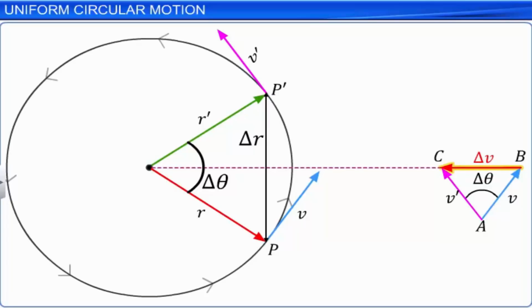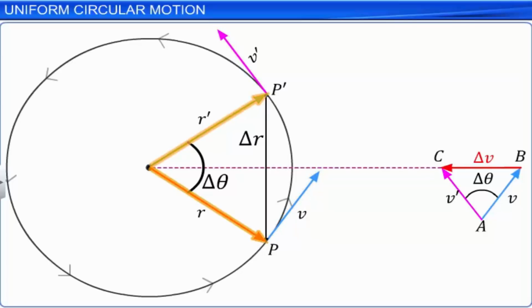V and R as well as V' and R' are perpendicular to each other as V and V' are tangential to the circle, and R and R' are the radii of the circle.